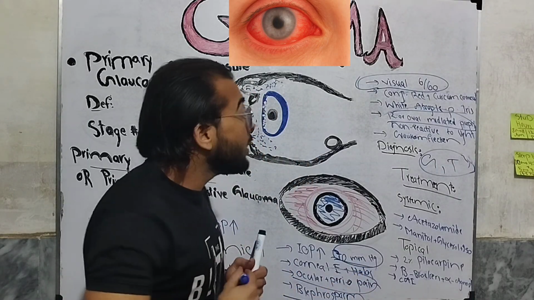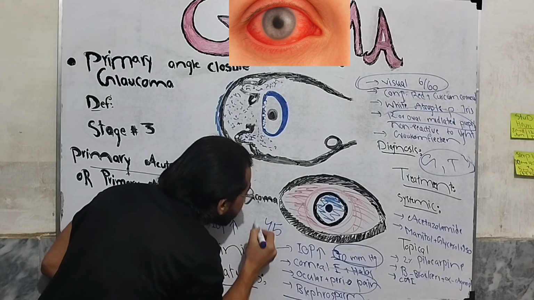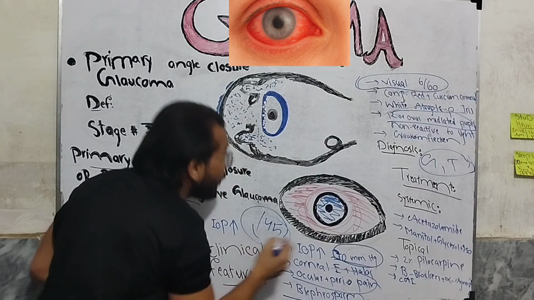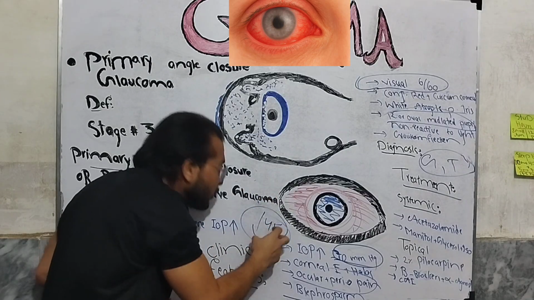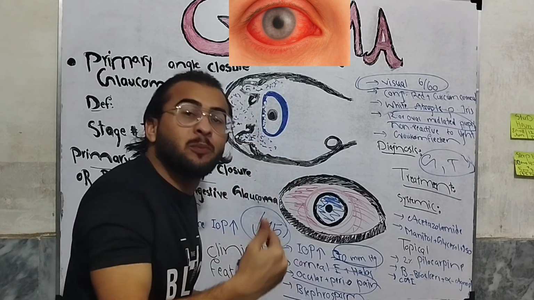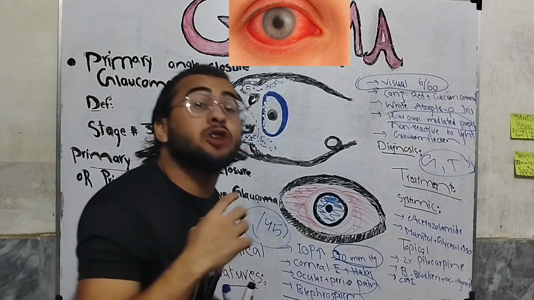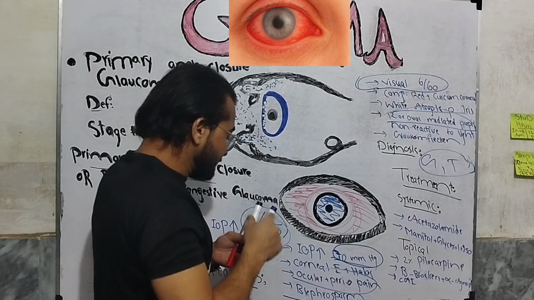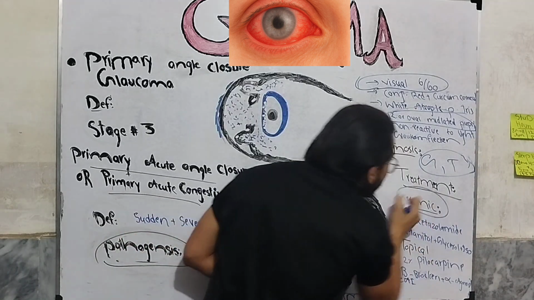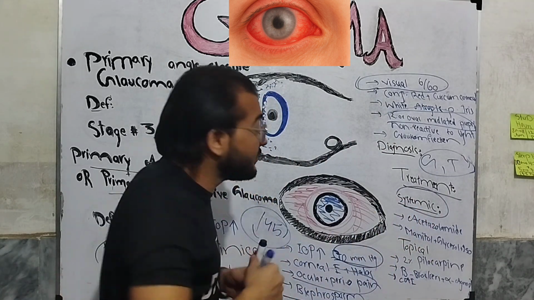So what will we do? In order to drop this intraocular pressure below 45 millimeter of mercury, we have to use systemic therapy. When we drop the pressure below 45 millimeter of mercury, then it will become responsive to topical anti-glaucoma therapy. Okay, so we will start from systemic therapy, and first of all we will start intravenous acetazolamide.